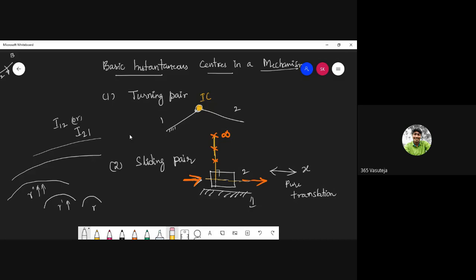Yes sir. So I can go to a straight line where my radius touches infinity.